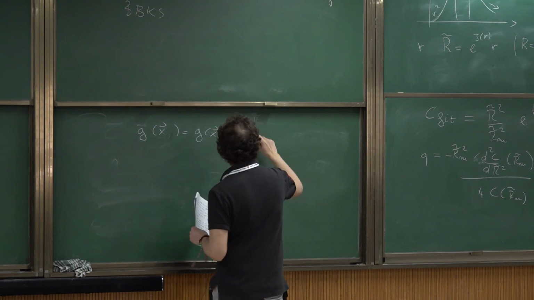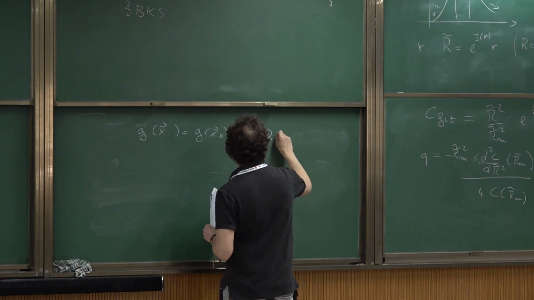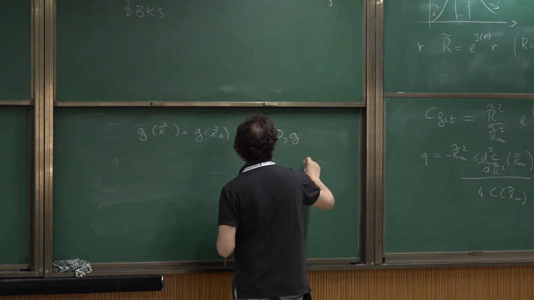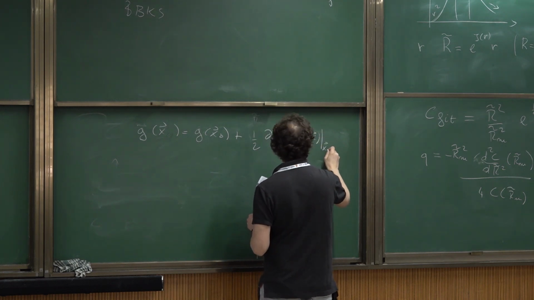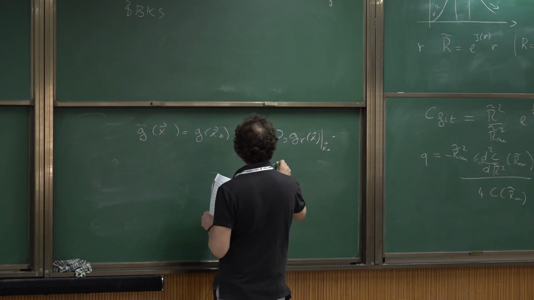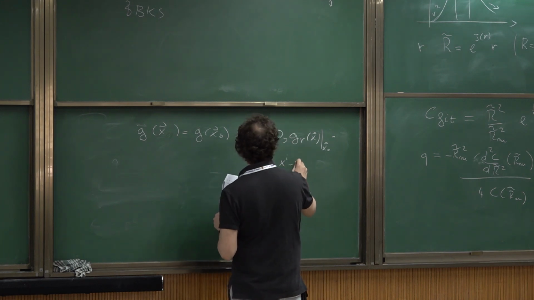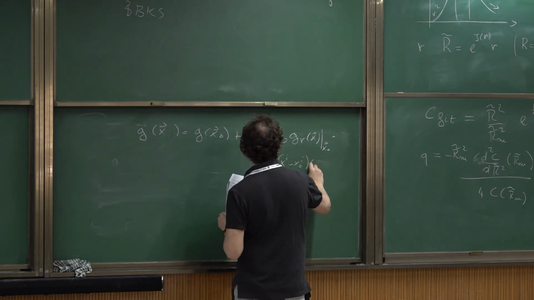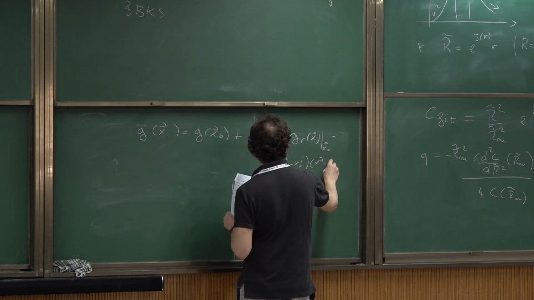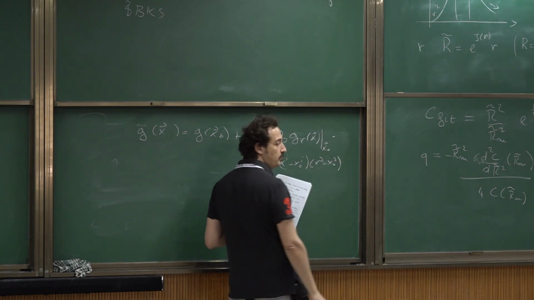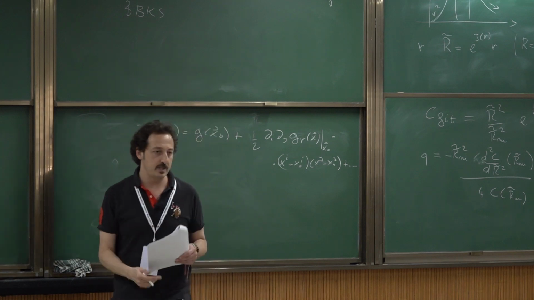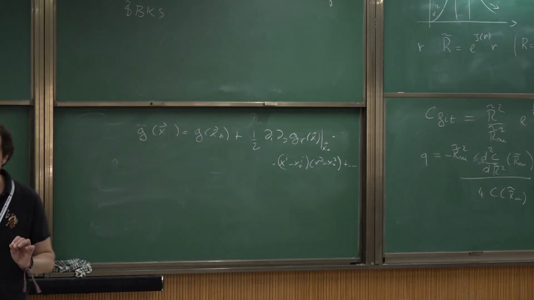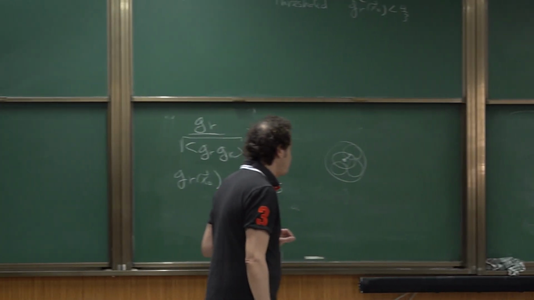So then what we have is 1/2 ∂_i ∂_j G_R(x), calculated in x_0, multiplied by (x^i - x_0^i)(x^j - x_0^j), plus dot dot dot. So we are doing a Taylor expansion around the maximum.